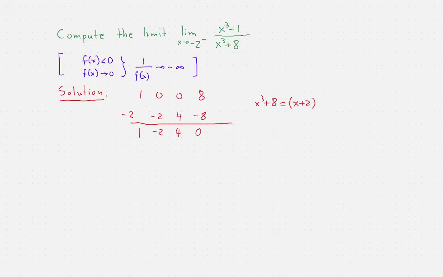So I'm taking my limit now, and I'm separating everything using the synthetic division that I just made. Oops, that's the limit from the left. And so I have x cubed minus 1 over x plus 2 times x squared minus 2x plus 4.